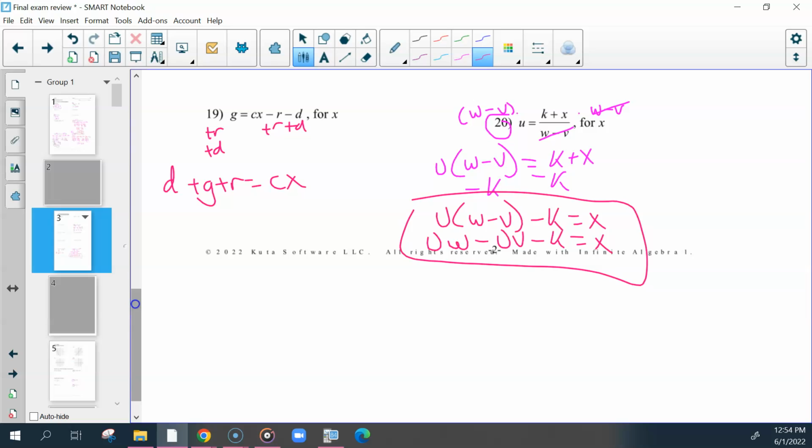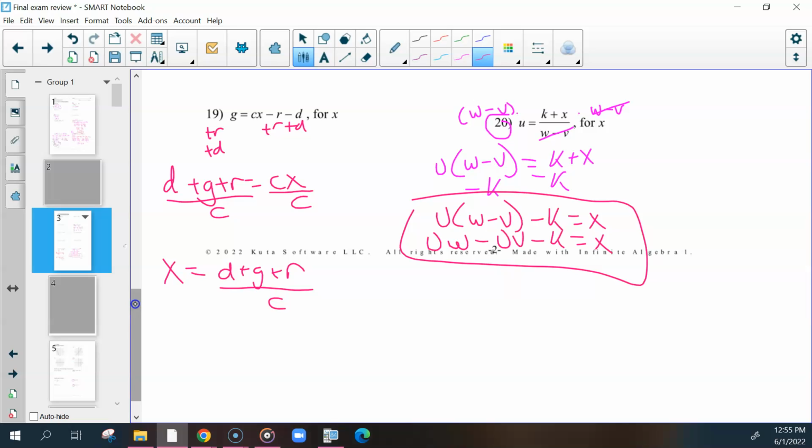And then to get x by itself, I'm going to divide both sides by c all at the same time. So x will be d plus g plus r all over c. Questions on that one? Or any other questions we want to go over or see on this page?